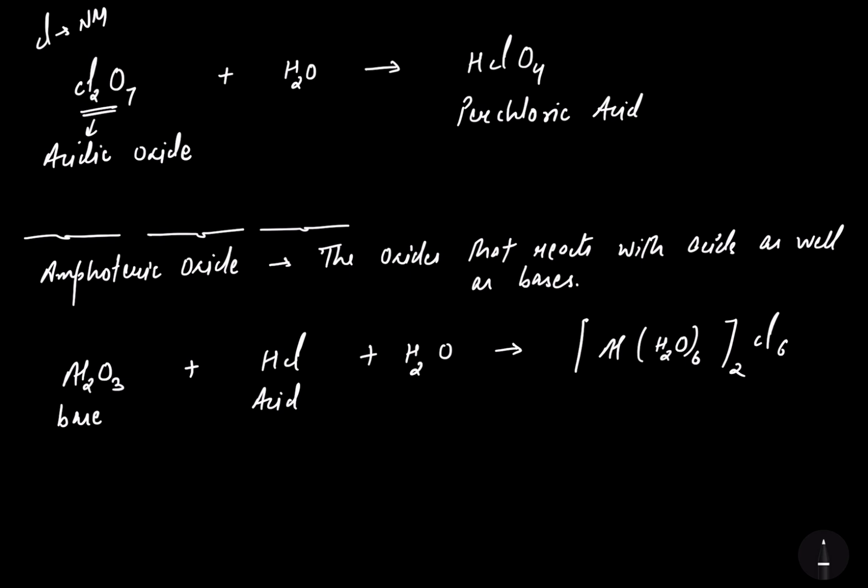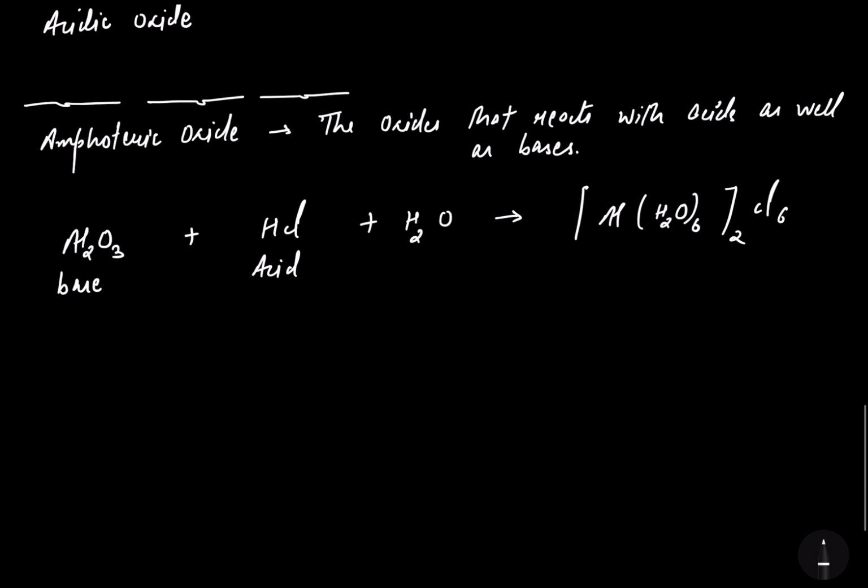Now let us react Al2O3 with a base. Let me take an example, NaOH. I am not balancing the equations because I have to concern with just the concept, so please don't worry about that.